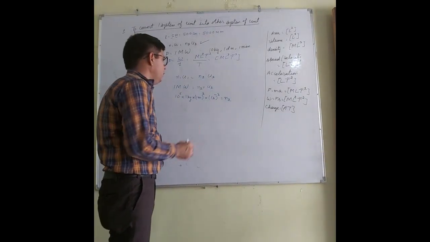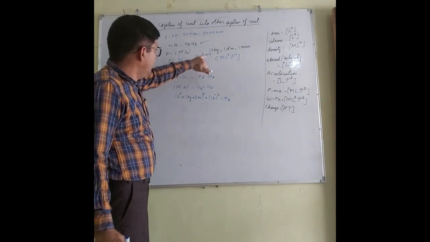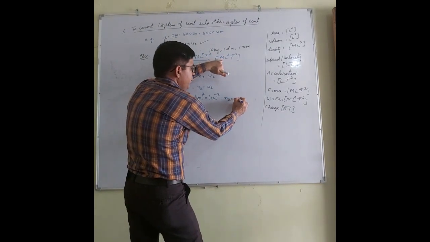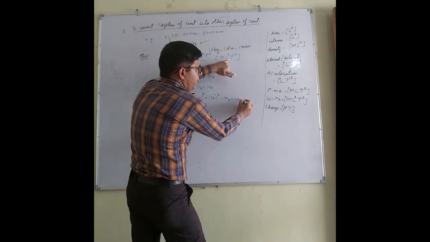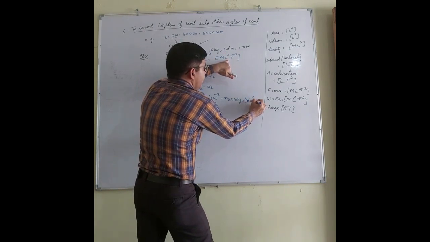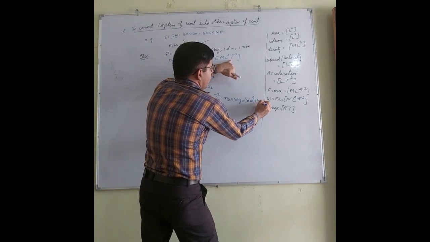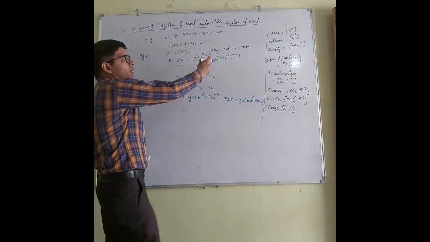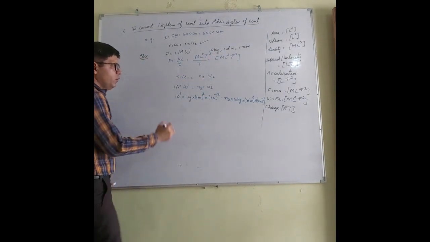So U2 I have to find out. Now listen, here M is 10 kilogram, and in place of length write 1 decimeter, and in place of T write 1 minute to the power minus 3. Just put the units in this and you will be able to solve this.